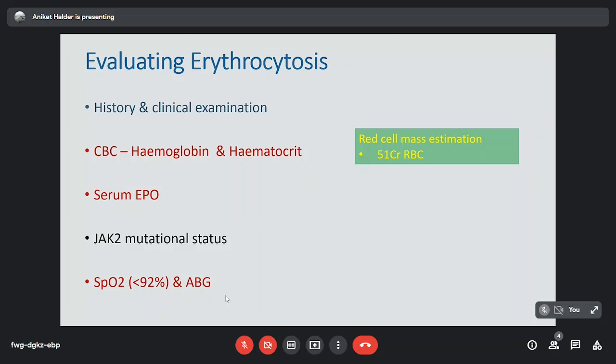We can also perform arterial blood gas analysis, mainly in hospitalized patients, to differentiate between a physiologically appropriate or a physiologically inappropriate type of secondary erythrocytosis.